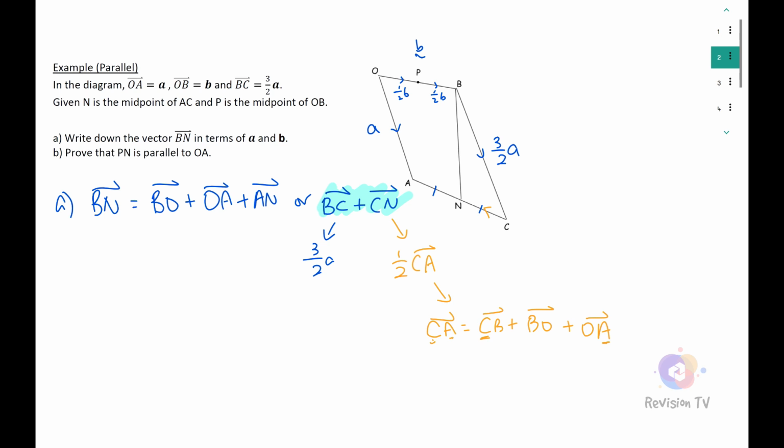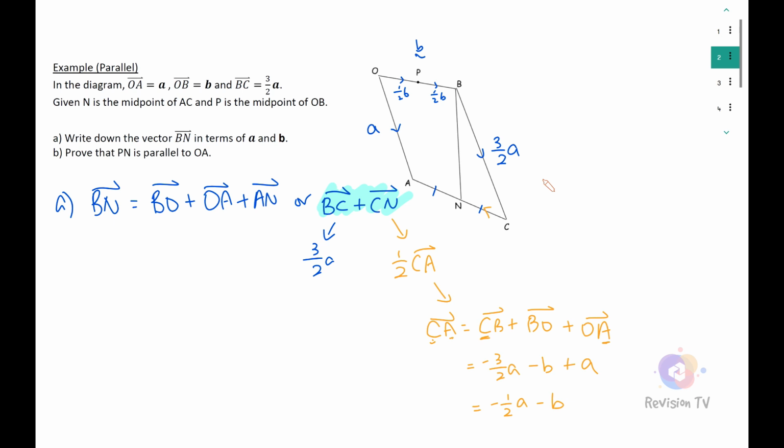CB going in the opposite direction will be negative 3 over 2 A. BO is going opposite to the direction of the arrows, so that would be negative B. And OA is positive A, so plus A. Minus 1.5A plus A is minus 0.5, minus a half A minus B. So now we know CA is minus a half A minus B.